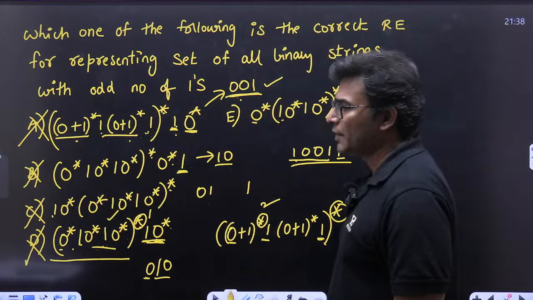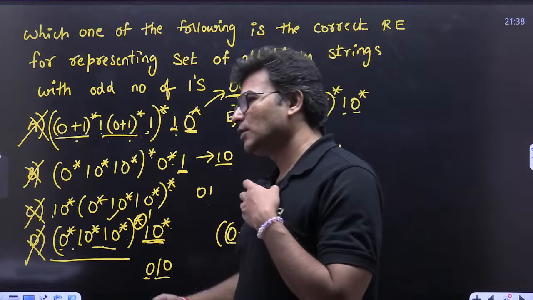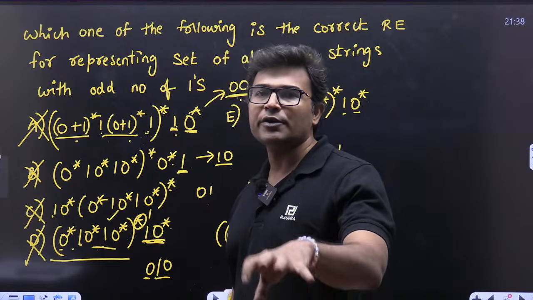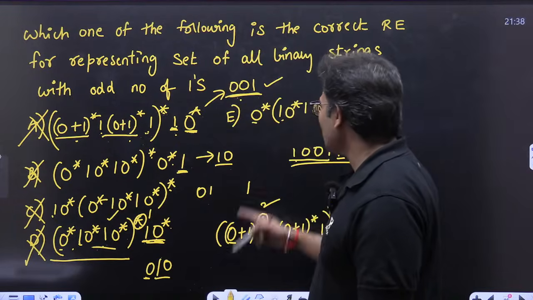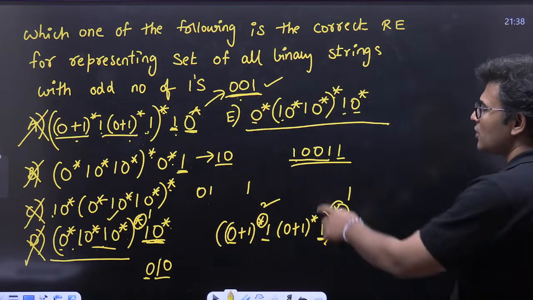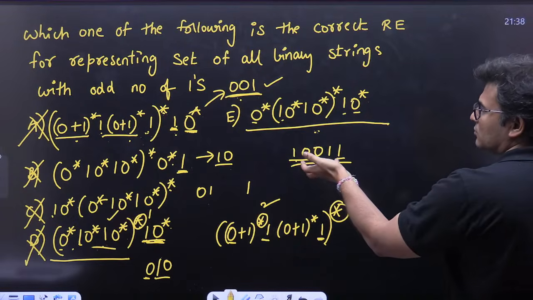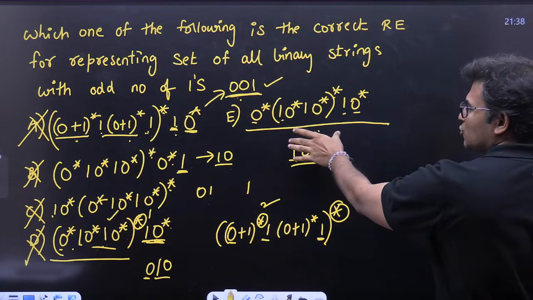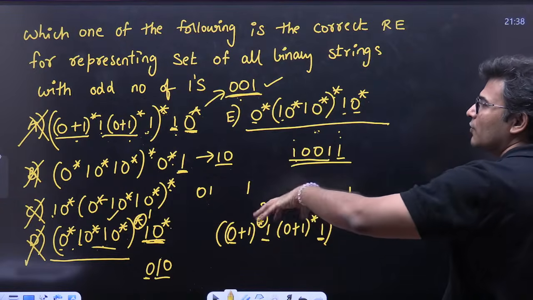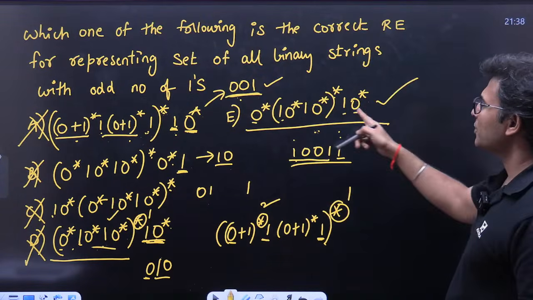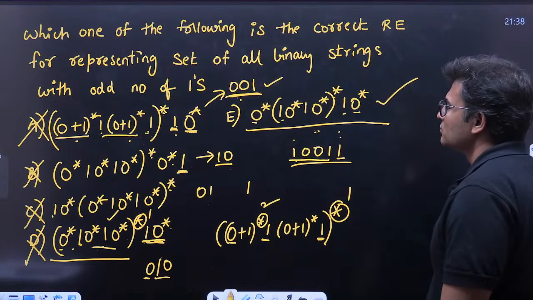Only option remaining is E. That will be the option. Generally this kind of elimination questions will only be given in regular expressions, right. You cannot prove that this is set of all strings which is generating even odd number of ones, okay. Later I will show you a method where I will convert a finite automata into regular expression. There you will get an expression similar to this, okay. You will learn it.